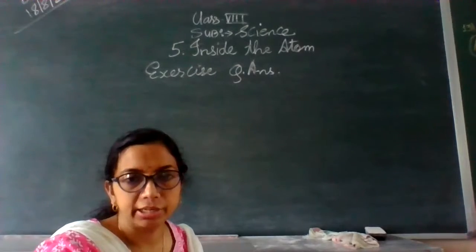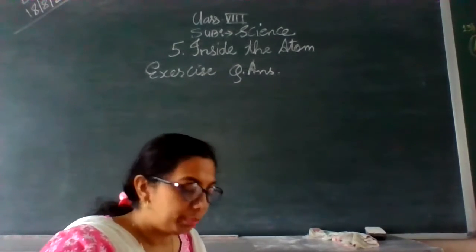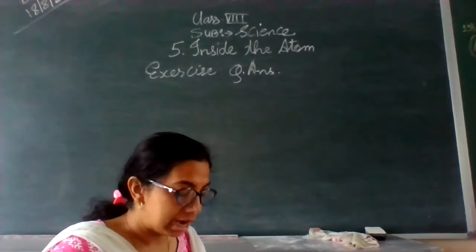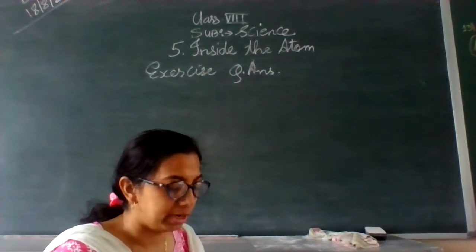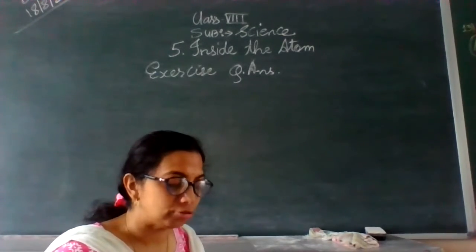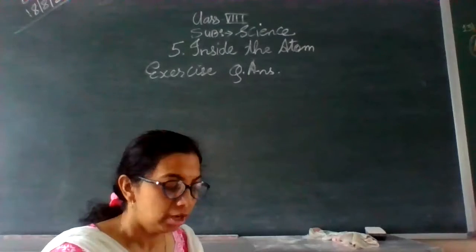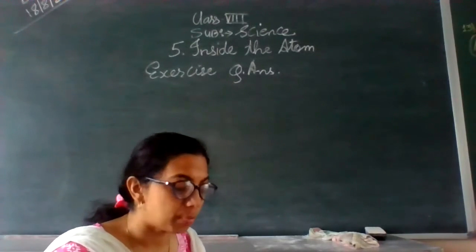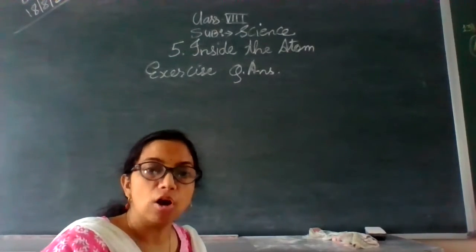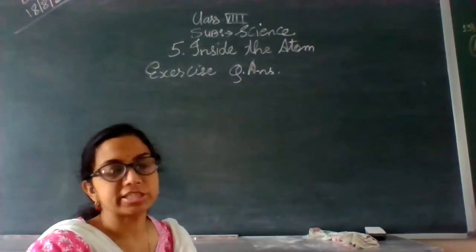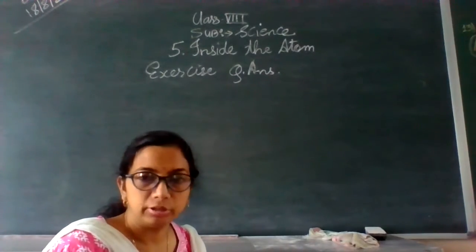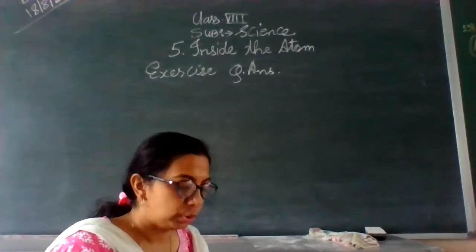If it is less than 8, it will be ready to make a compound with some other element, and the atom will be unstable. And valence electron means the number of electrons present in the outermost shell. So valency directly depends upon the number of electrons in the outermost shell of the atom of that element. You can give examples of sodium, hydrogen, helium, carbon that have already been shown to you.